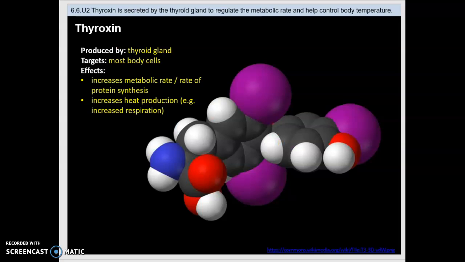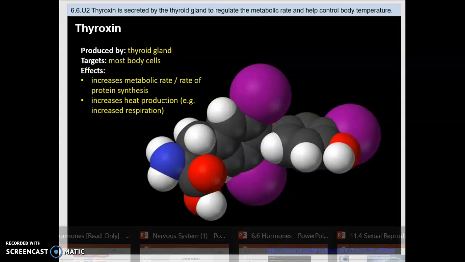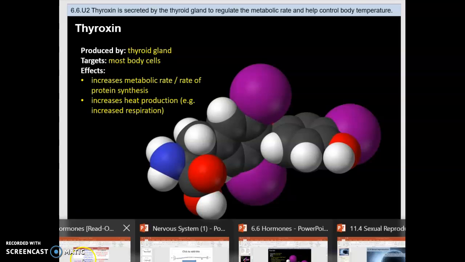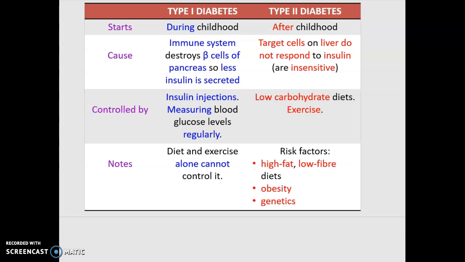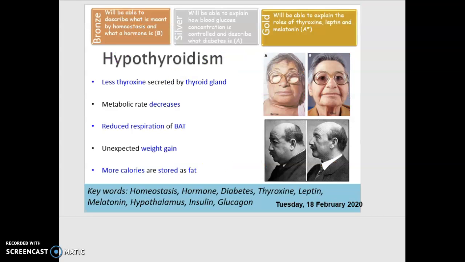The other hormones that we need to know about is thyroxine, which is in your thyroid gland, which is in your neck, and this increases your metabolic rate, so it increases respiration. So it's involved in your metabolism. What happens sometimes is if someone's not producing enough thyroxine, they can suddenly start putting on weight.